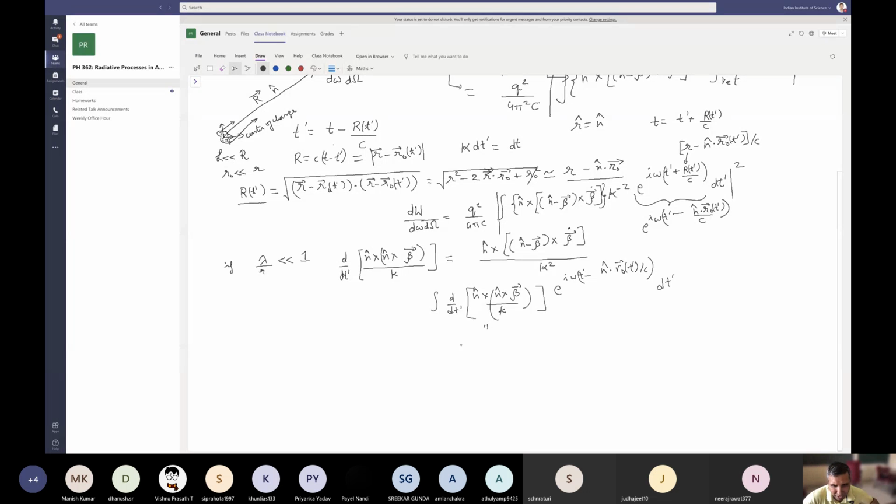If you integrate it by parts, you have this first part, n hat cross beta by kappa times e to the i omega, this whole thing, with limits from initial to final. What you assume is that you have a charge, and in fact we're considering a single charge here. So if your beta at an initial point and a final point were 0, then this boundary term will give you 0.